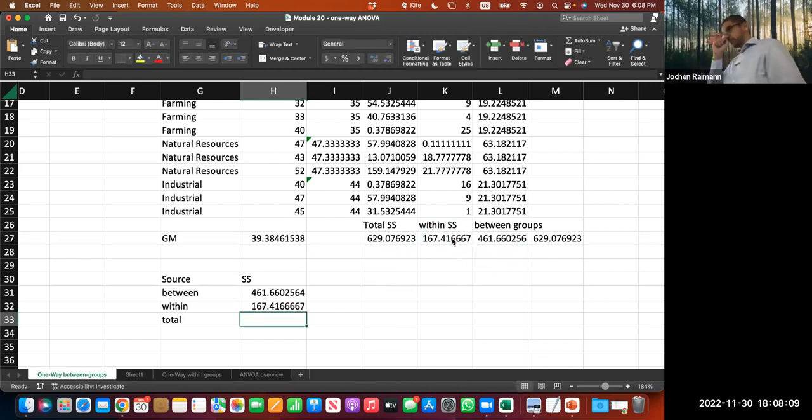And this comes back to what I said, the between groups variability is always going to be larger because it's individual means. These will be different than the variability you quantify within the group. But what is important to keep in mind is that these are arithmetically interrelated, and this total sum of squares needs to be 629.